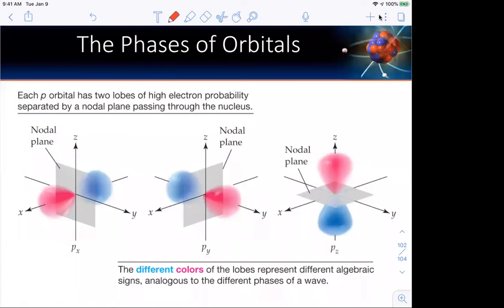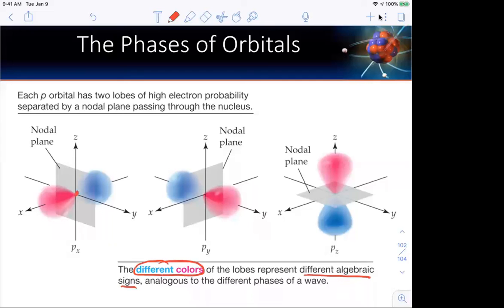Each p orbital has these 2 lobes of high electron probability. This is that nodal plane that passes through the nucleus. Again, remember, these different colors of those lobes just represent different algebraic signs.